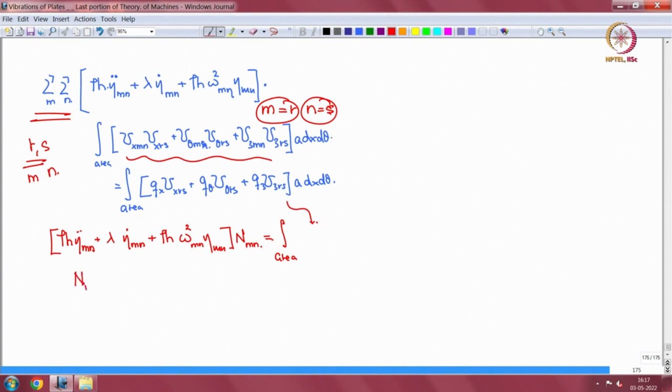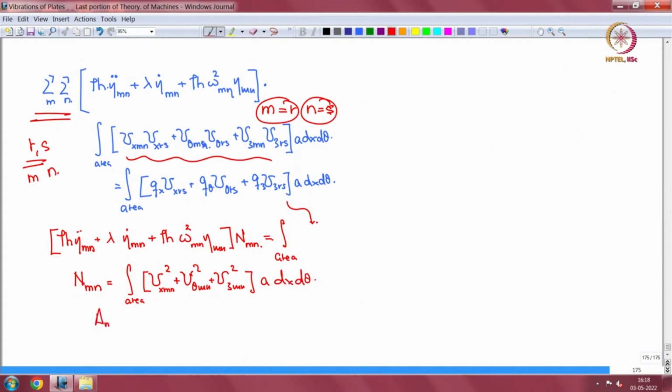N mn is integral over area u x mn squared plus u theta mn squared plus u3 mn squared a dx d theta.